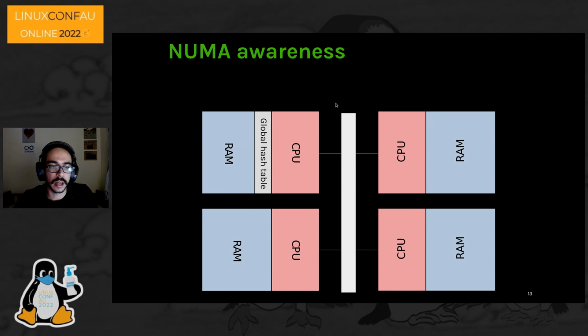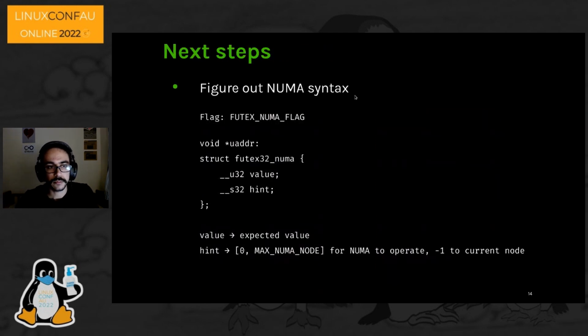So this is a big pain point of futex, and this is something that we would like to solve on this new interface. So what is left now is to figure out the NUMA syntax. I think this is the only piece remaining before sending the new syscalls to the mailing list.